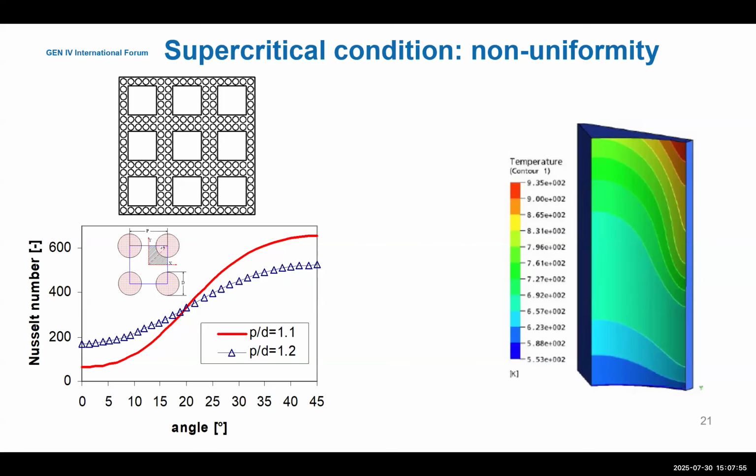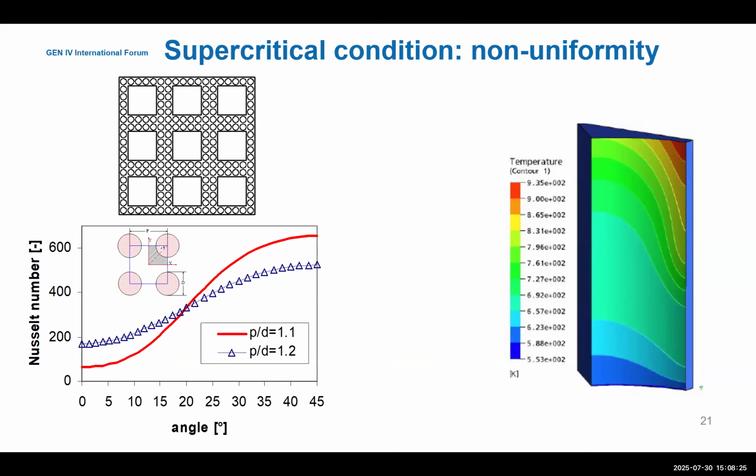You will see that this is the angle 0, which means it is in the small gap region, and the angle 45 is the wide gap region, and you will see that the heat transfer coefficient or the Nusselt number is totally different.